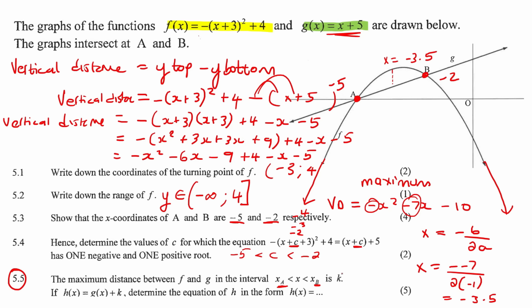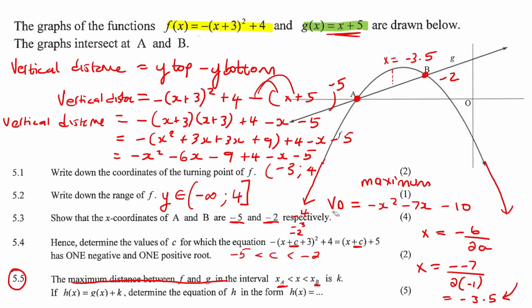Oh, okay, so they want the value of k. So listen carefully. The maximum distance is equal to k. So how do we find k now? Well, check this. We know that the vertical distance, and grade 12s who are using calculus, this is what you guys would do. You should have gotten that answer over there. Now, the vertical distance is equal to this expression.